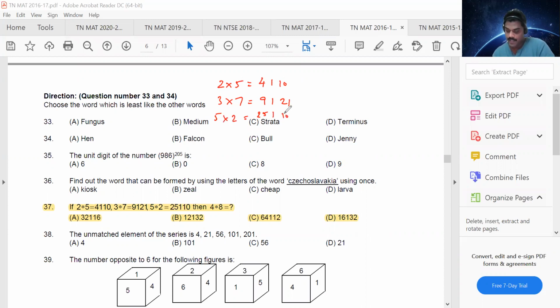If you observe here, in the first place you have the square of this value and the product of this in the last 2 digits, and 1 being the common point in all the given results. So when it comes to 4 into 8, the first place would be occupied by 4 square, that is 16, then 1, and then the product. So my answer is 16132. Very simple.